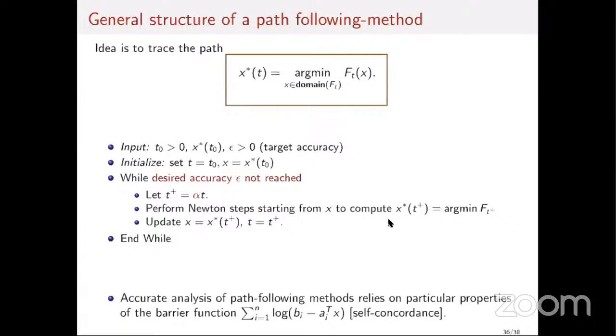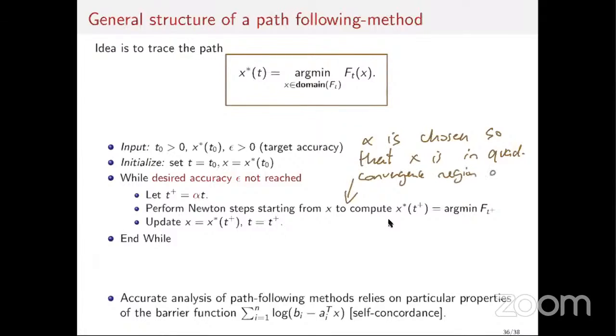Here alpha is chosen so that x is in the quadratic convergence region of f t plus. Typically the number of Newton steps you need is very small. Actually, in most implementations, we just do one Newton step.